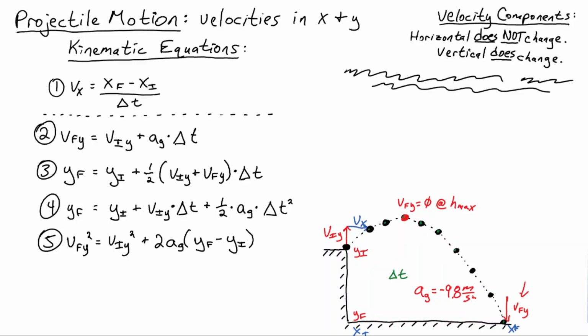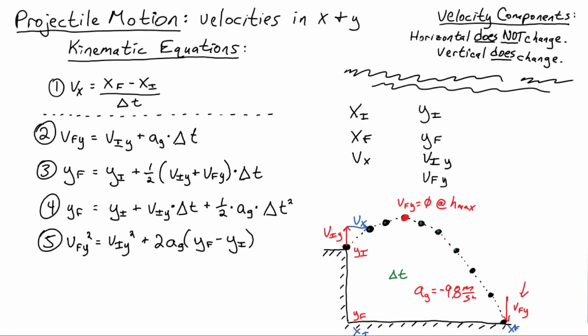So when I'm pulling out the given information, I'm just going to have my xi, and then we'll have our xf. We're going to have our velocity in the x direction, and then we're going to have our yi, our initial height, and then we'll have our final height, and then our initial velocity in the y direction, and our final velocity in the y direction.